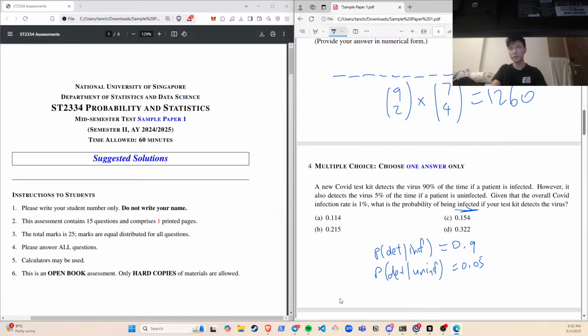So the probability of being infected, if the test detects the virus, is equal to the probability of being detected given infected, which is 0.9, times the probability of being infected, 1%, and then divide by the probability of being detected in general.